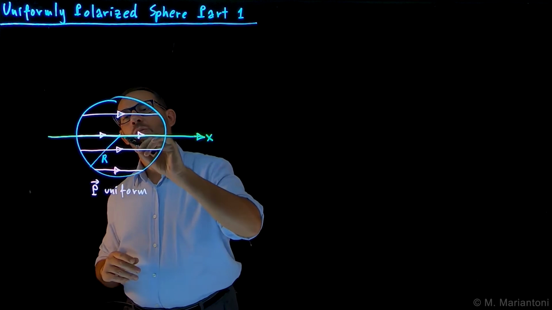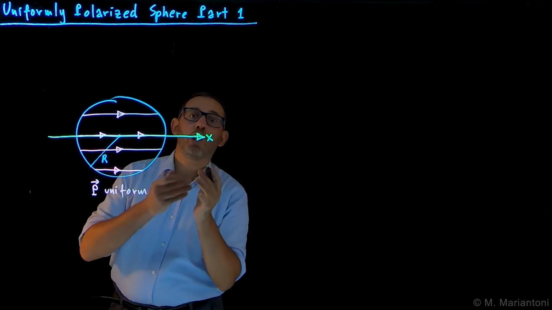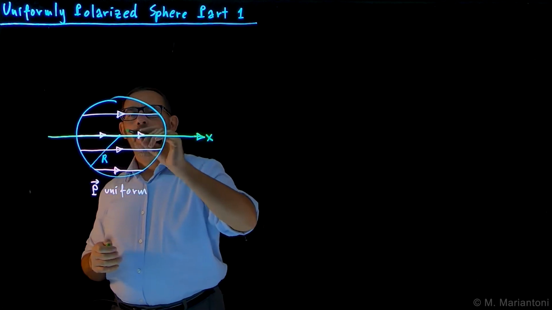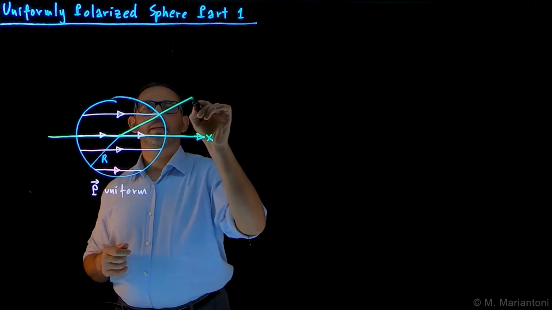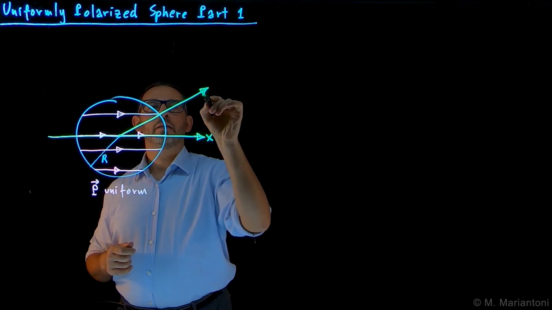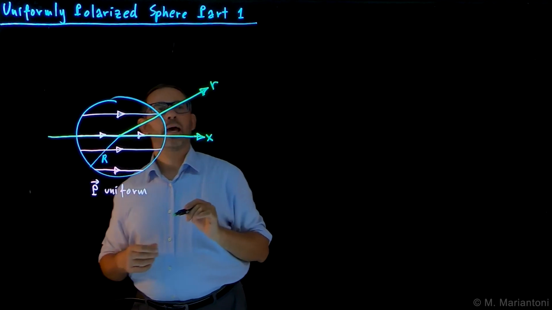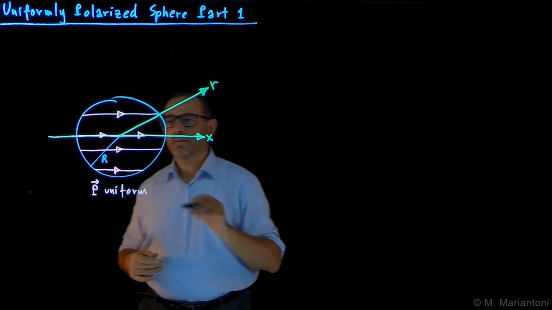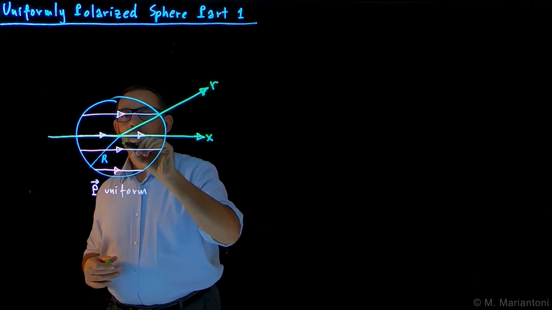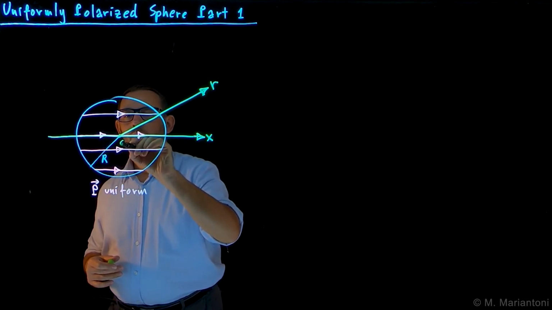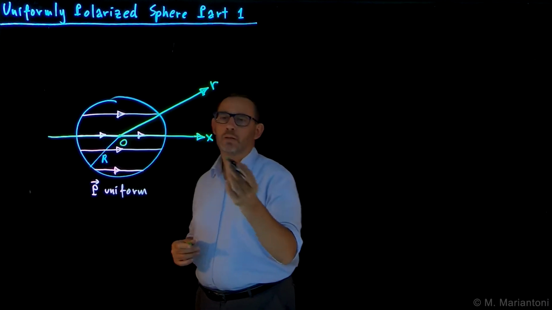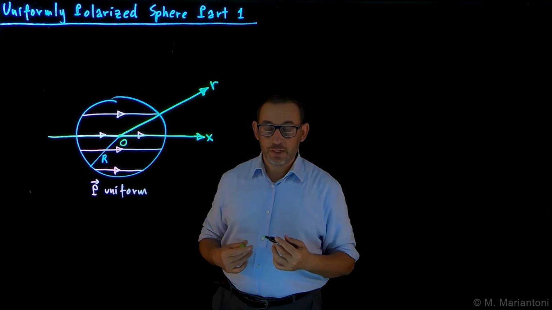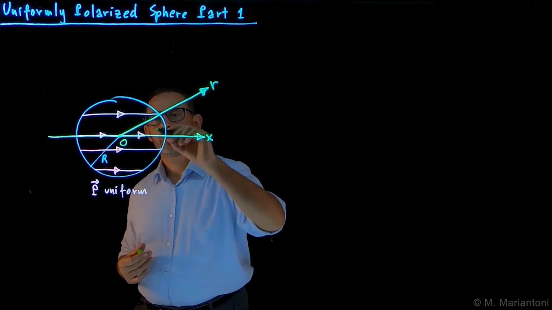That's all we need in this case, because P is directed only along x, not along y or z. And in addition, we are going to consider a spherical coordinate system where the radial axis r is directed in this fashion, and the center of the sphere coincides with the origin of both the x-axis and the r-axis in the Cartesian and spherical coordinate systems respectively.